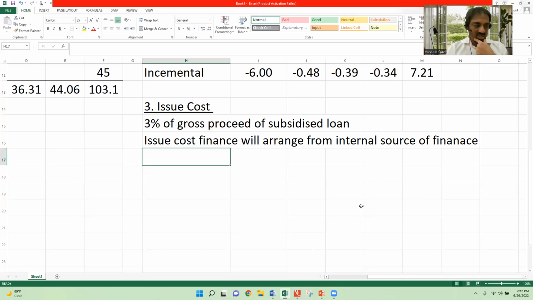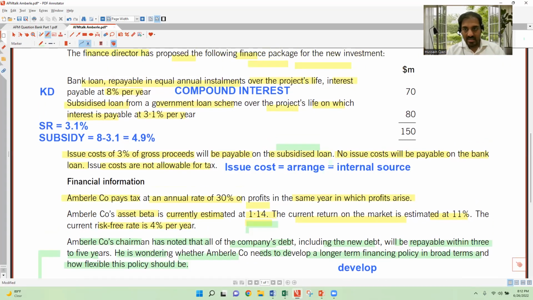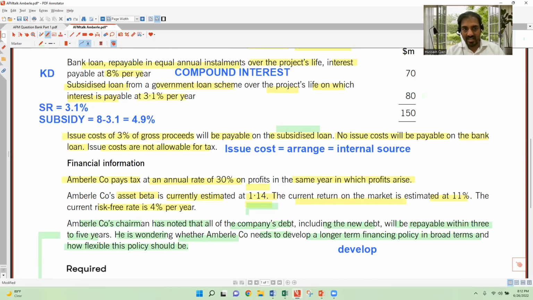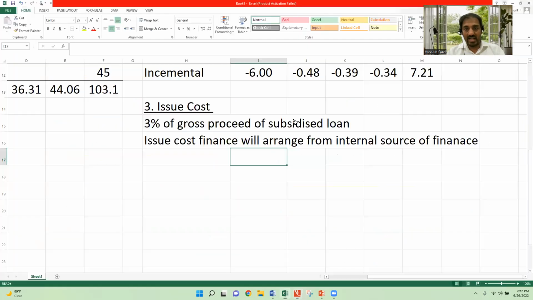So the issue cost is about 80, and this 80 is the gross proceed. So we can take the amount accordingly.